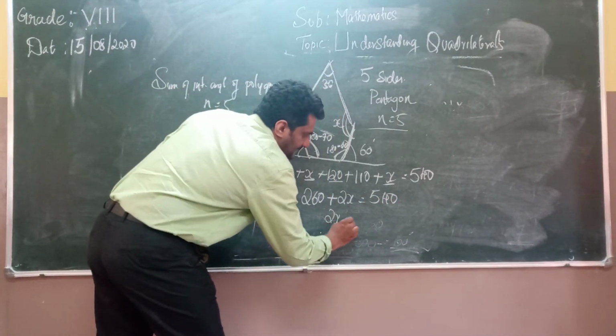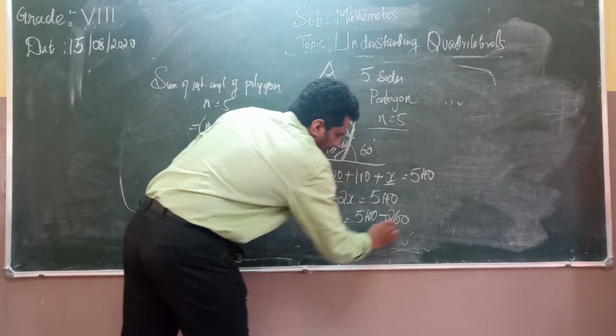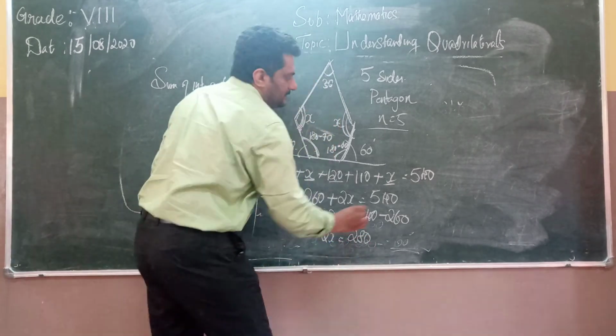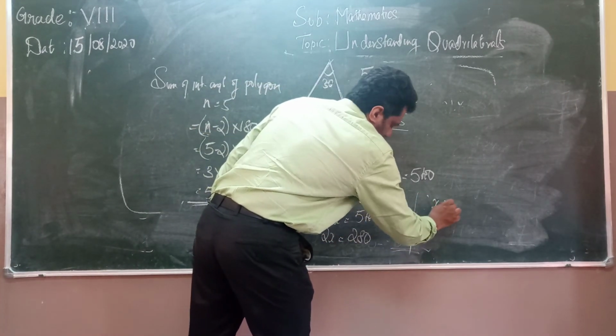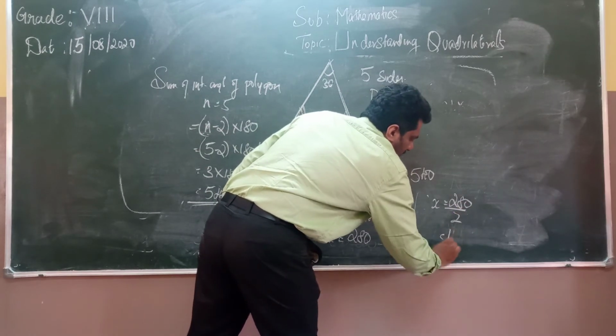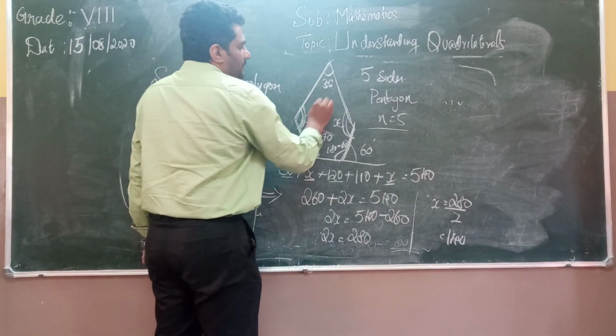Therefore, 2x is equal to 540 minus 260. 2x is equal to 280. Therefore, x is equal to 280 by 2, which is 140 degrees. Therefore, the value of this one will be 140.